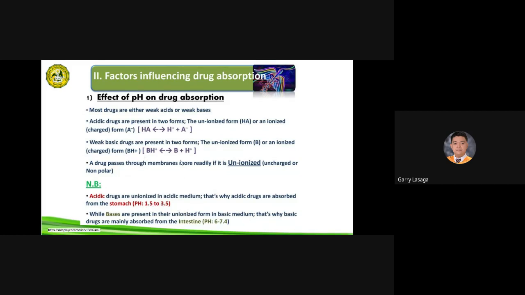So when we administer an acidic drug in an acidic environment, the unionized form of the drug will predominate so that the drug will be able to be absorbed in that particular cellular compartment.